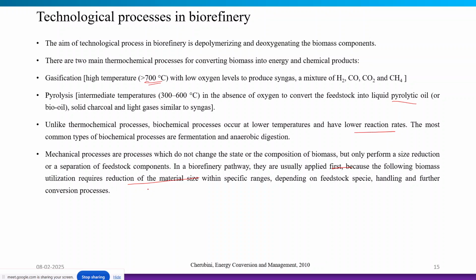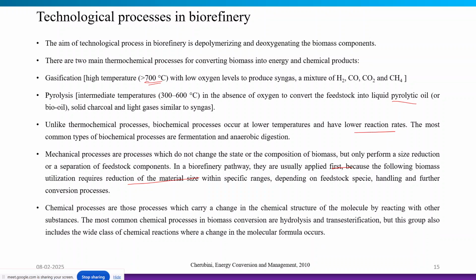We can also apply the irradiation process for this purpose, which breaks down the molecules into smaller molecules. Depending on the feedstock species handling and further conversion process, these mechanical processes are selected.